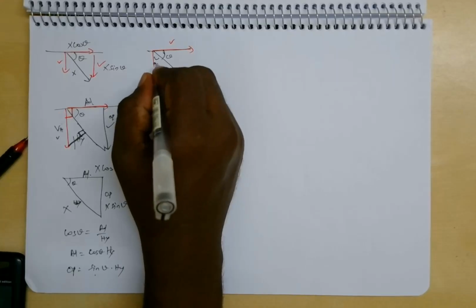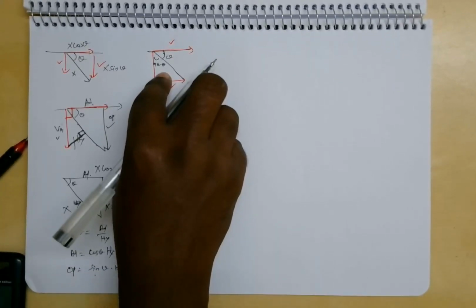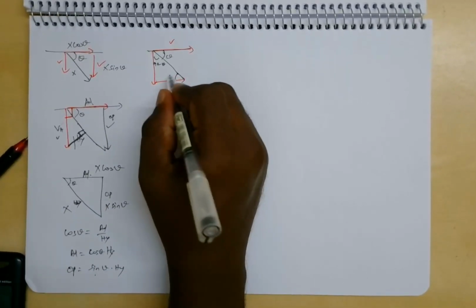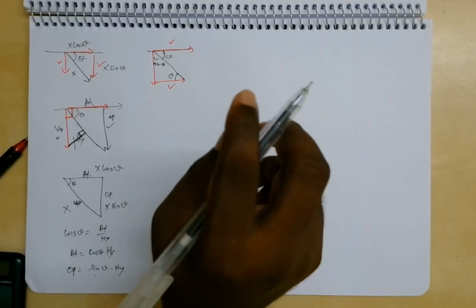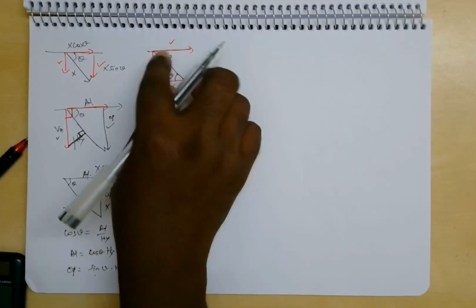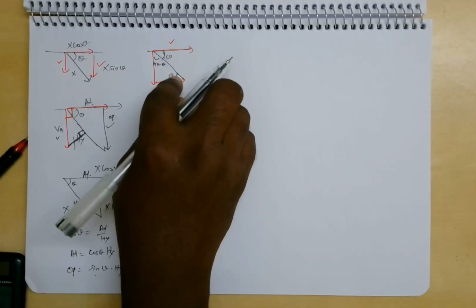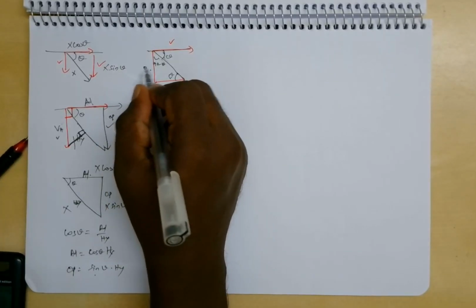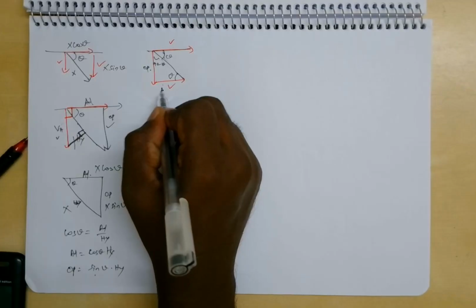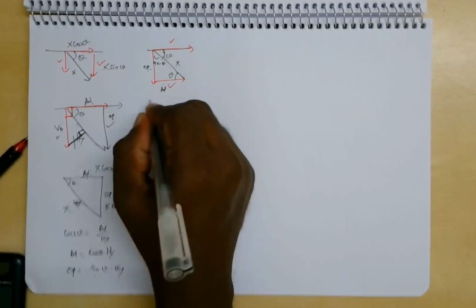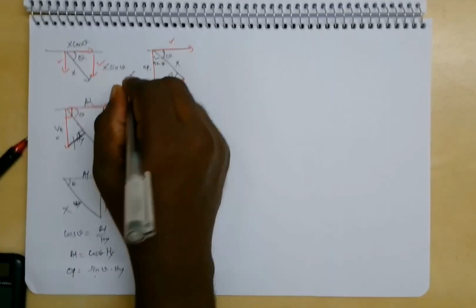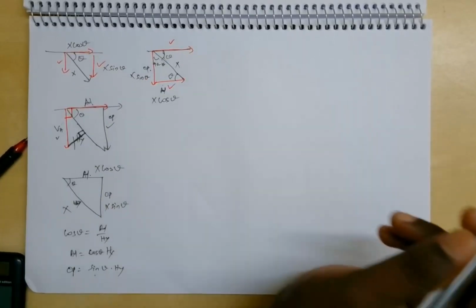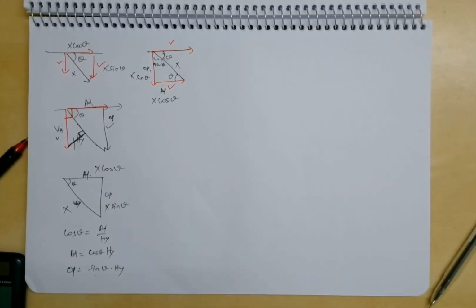This will be 90 minus theta, or this will be theta. Now, if you look, this will be opposite. This will be adjacent. So x cos theta, x sin theta. Is it clear?